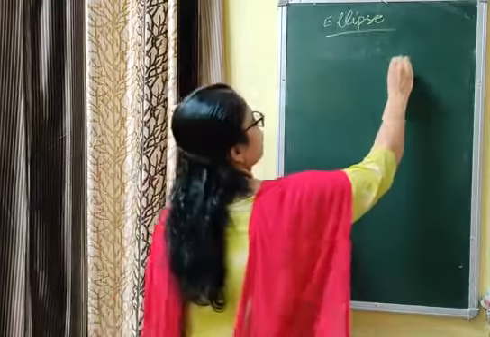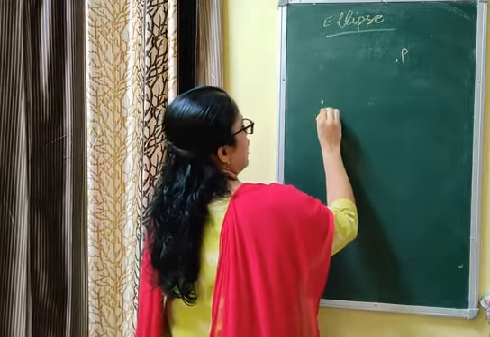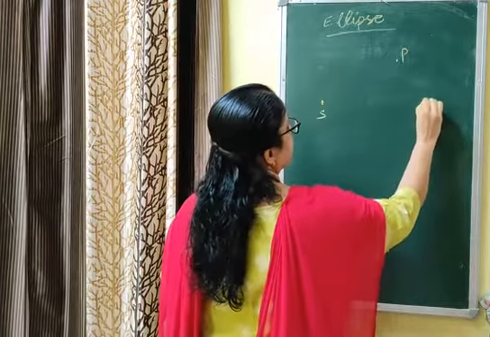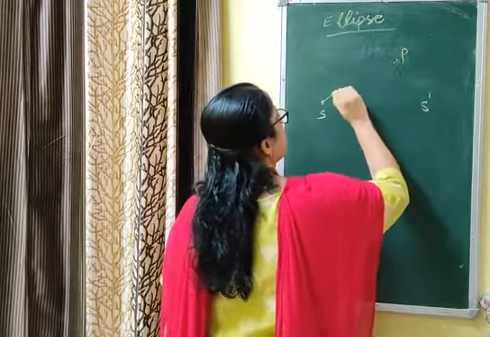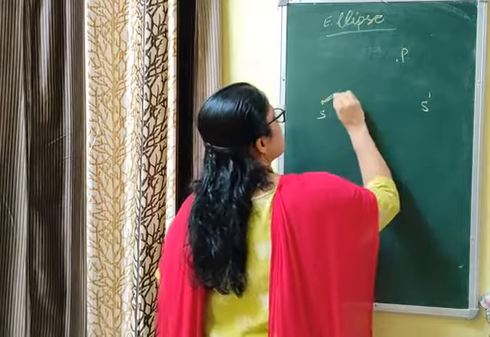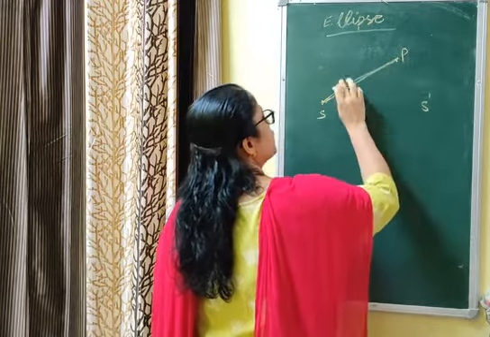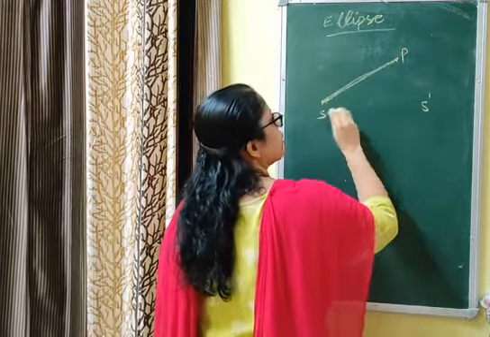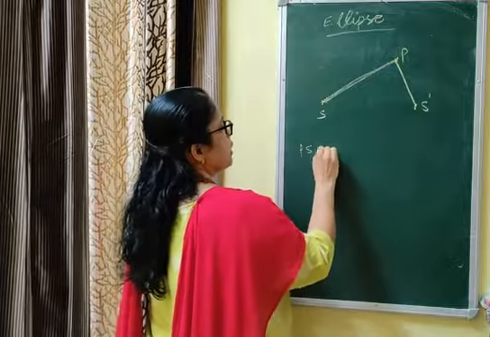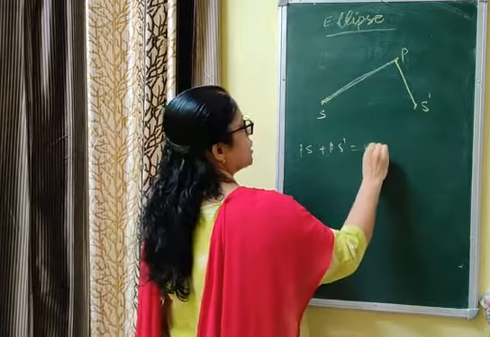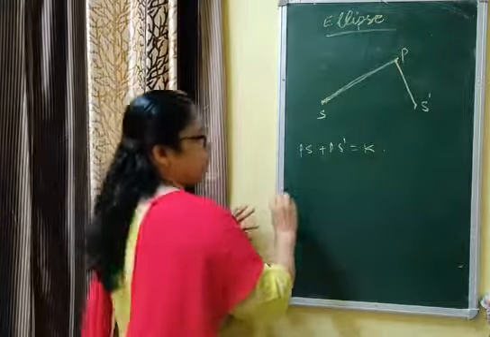That means I am taking a point P in the plane. I am taking two fixed points, say S and S dash, in the plane. If the point P moves in such a way that the sum of distances of this moving point from the two fixed points in the plane is constant, that is, if PS plus PS dash is equal to a constant, then the locus formed by this point P can be called an ellipse.